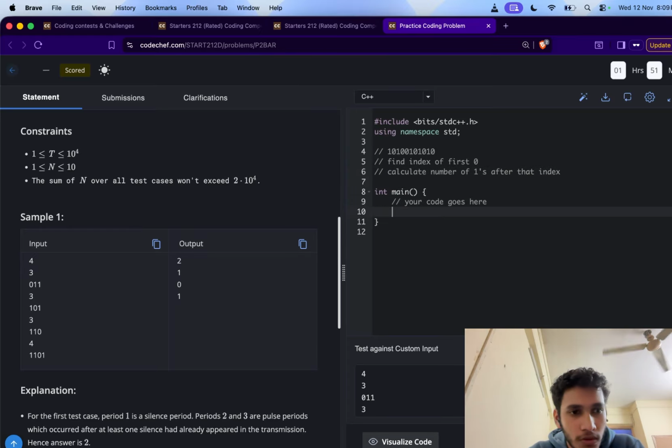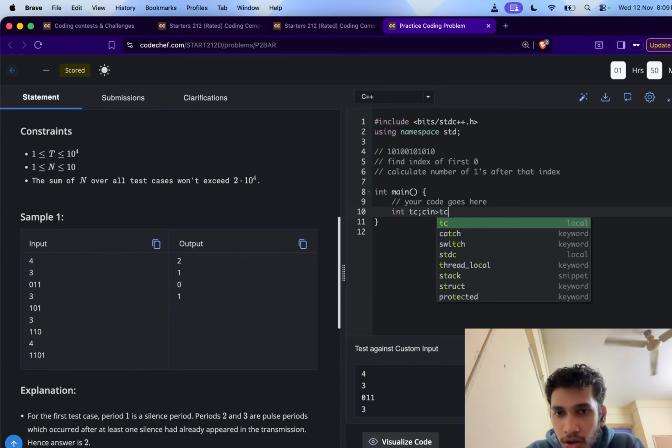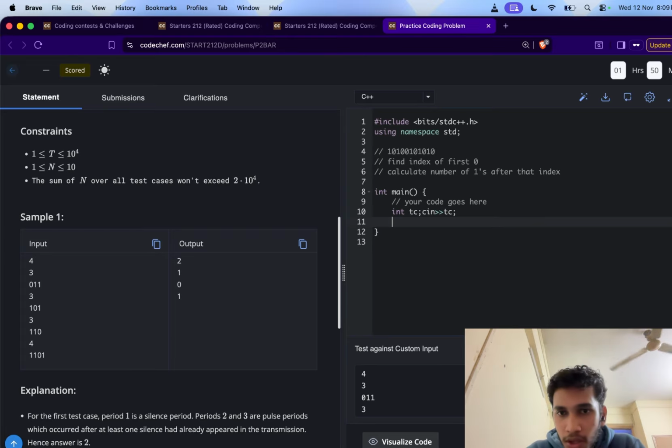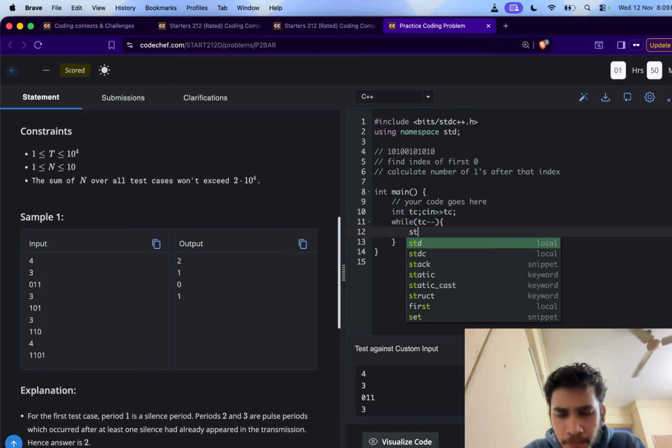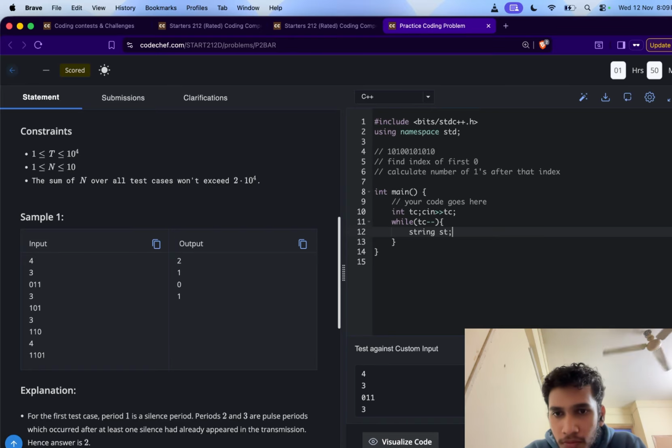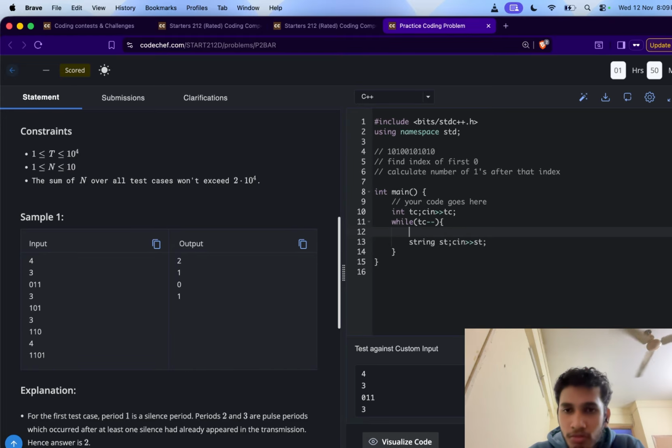Simple enough. Since there are multiple test cases, let me take the test cases as input. You can note that n is 10, so no problem.